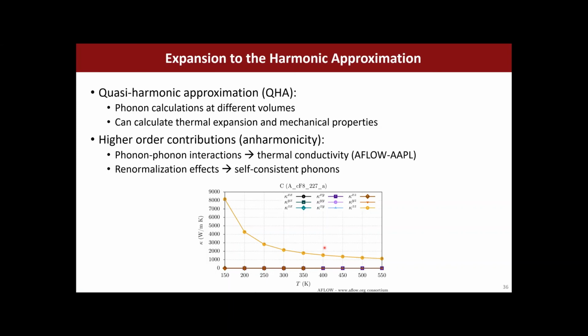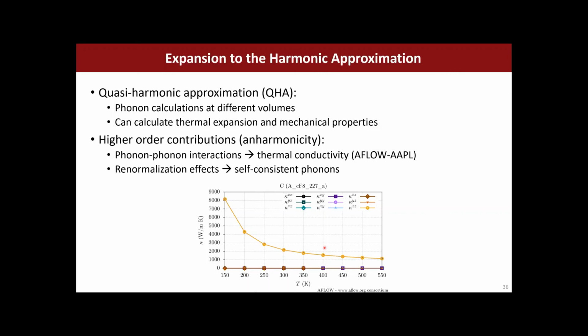And we can of course include higher order contributions if we don't cut off the expansion after the quadratic term. We can get third order contributions, which include phonon-phonon interactions, and these are responsible for the so-called lattice thermal conductivity. AFLOW-APL, somebody asked about this earlier, is what does that for third order force constants.